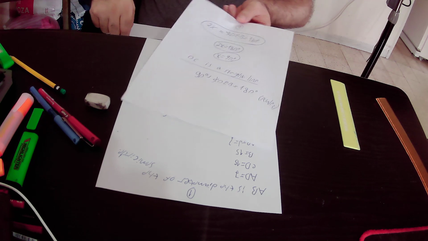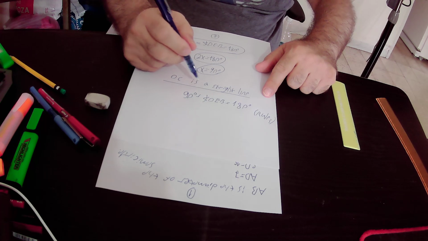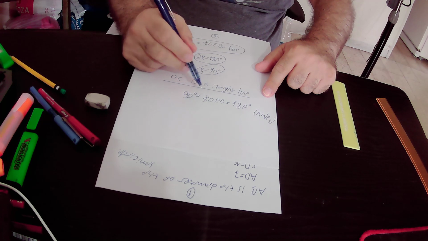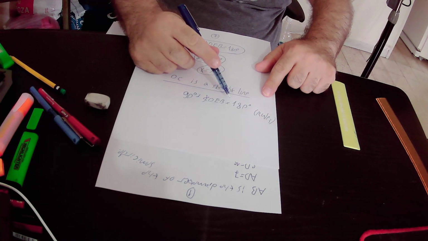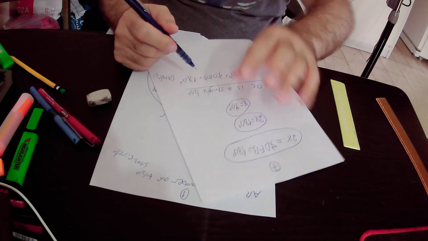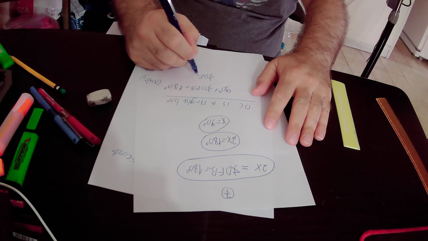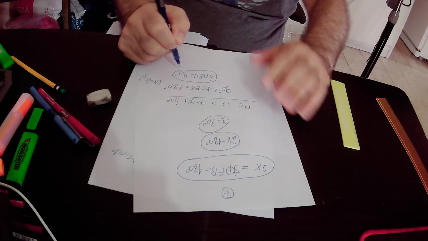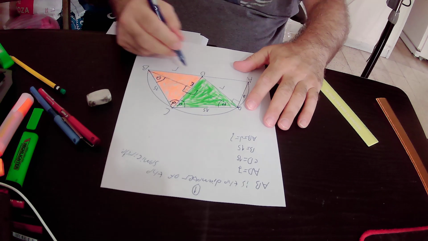If we subtract 90 degrees from this equality, we get that angle OEB equals 180 degrees minus 90 degrees, which is 90 degrees. So angle OEB is a right angle.